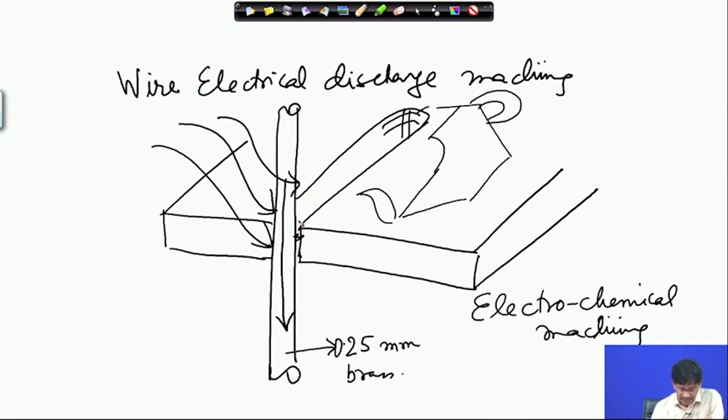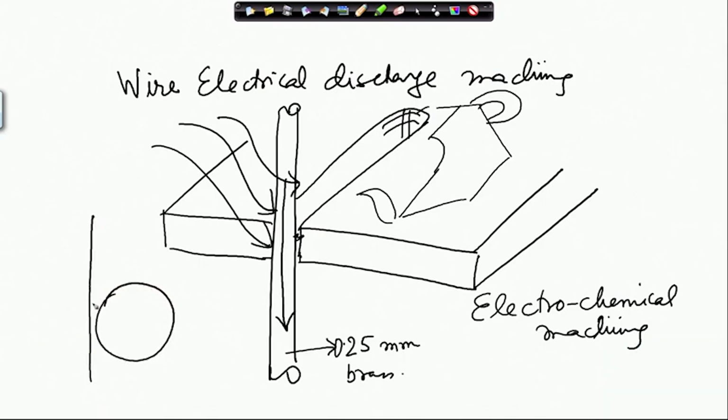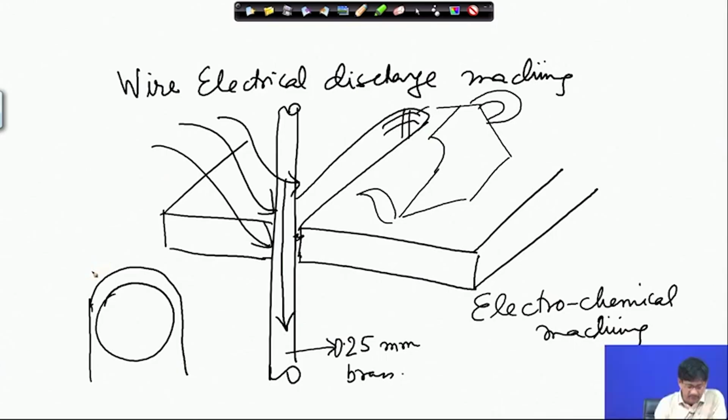If you see the wire from the top, if you have a definite distance between the wire and the other electrode, and the distance crosses a certain limit, sparks won't fly.